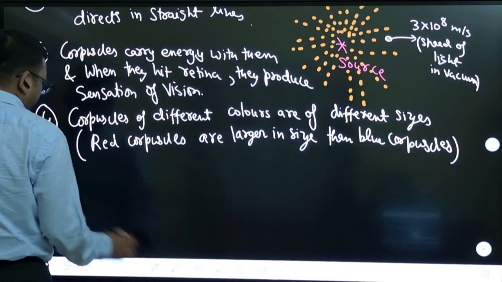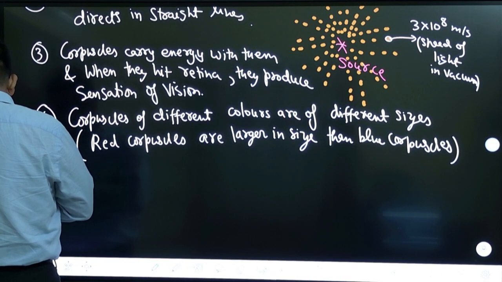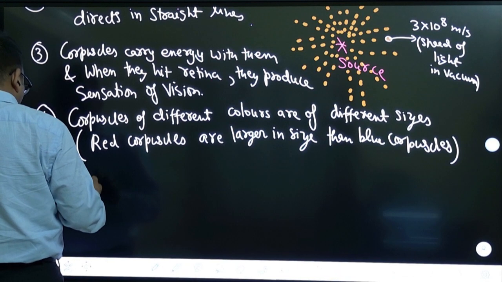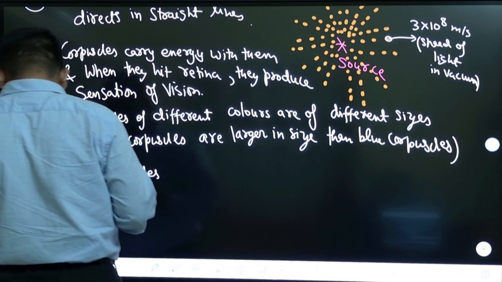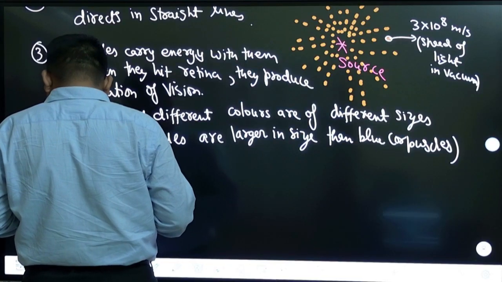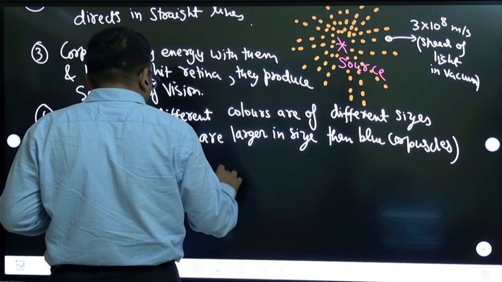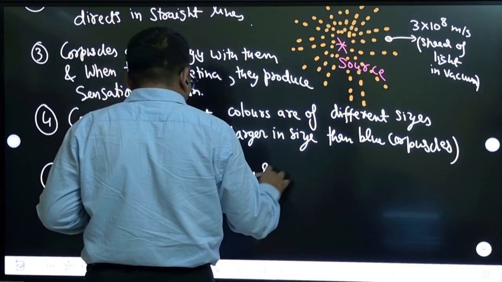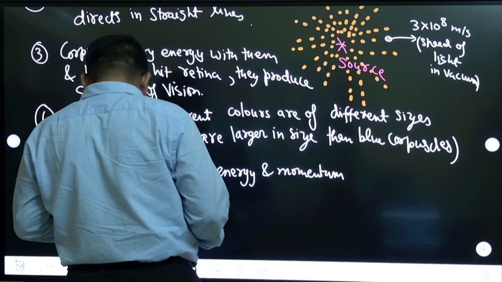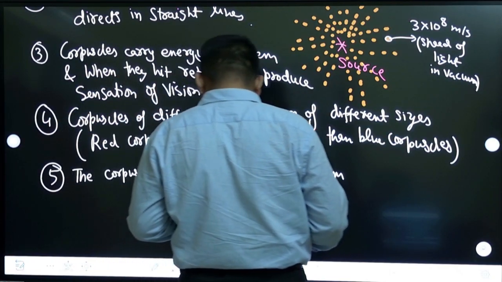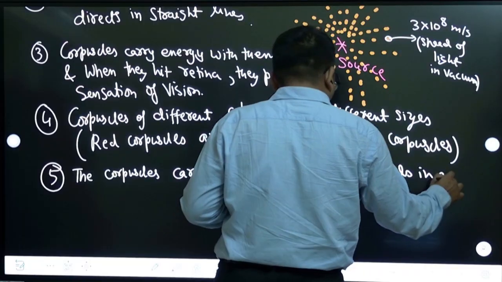Then point number 5. The corpuscles carry energy and momentum, and travel in a straight line.